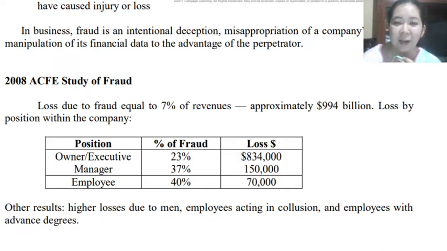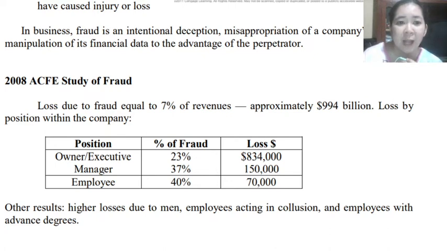Actually, there are a lot of employees who probably committed fraud, but in small amounts compared to the owner or the executive. There is a smaller percentage of owners or executives committing fraud, but it accounts for a greater amount of loss. Okay, so this is how they found out.